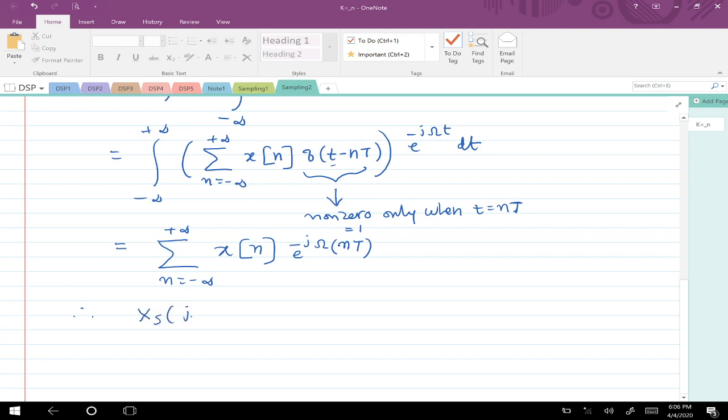The CTFT of the signal obtained by multiplying the original continuous time signal with an impulse train, Xs of j omega, is equivalent to the summation over n equal to minus infinity to plus infinity of x of n into e power minus j omega T times n. Okay, that's an important result.